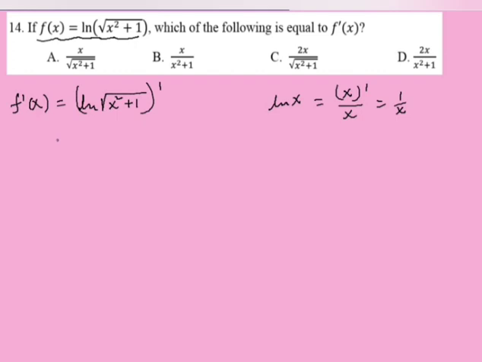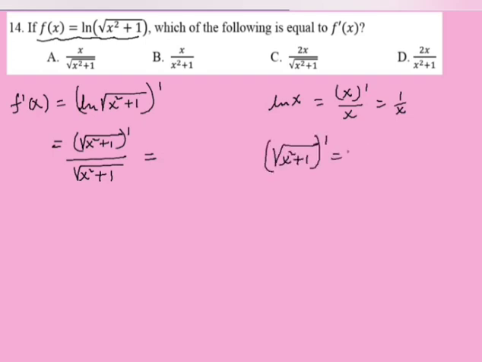So applying the chain rule, this gives us the derivative of radical x squared plus 1, over radical x squared plus 1. But here the derivative of radical x squared plus 1 is the derivative of x squared plus 1 over 2 times radical x squared plus 1. So this is 2x over 2 times radical x squared plus 1.